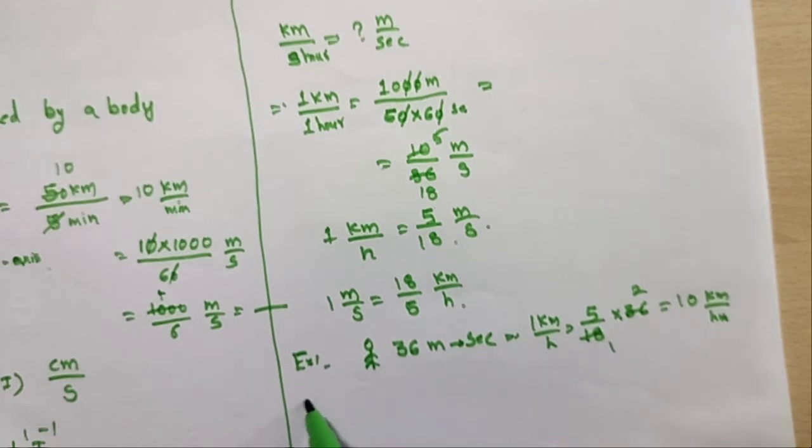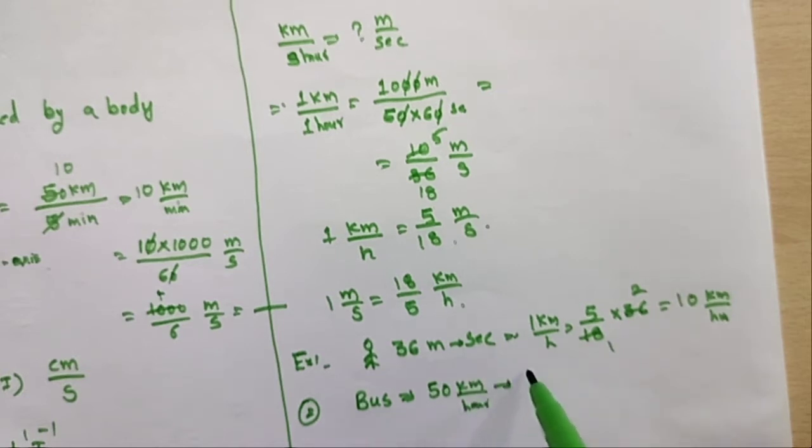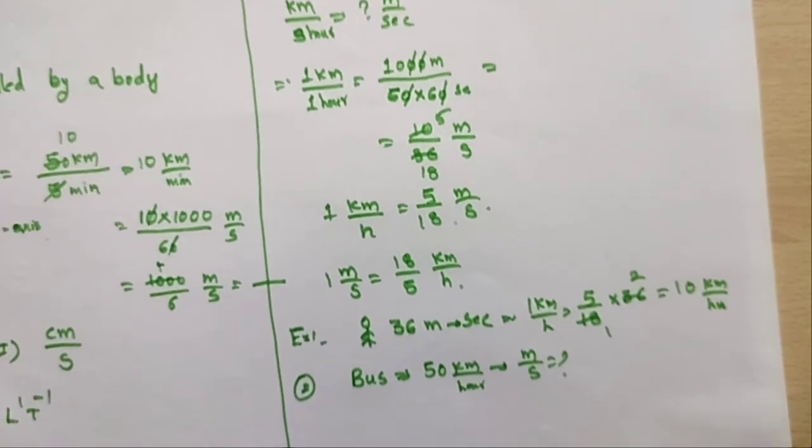The second one: suppose a bus is moving at 50 kilometer per hour on a highway. Convert it to meter per second. So that is 50 into 5 by 18, converting kilometer per hour to meter per second.